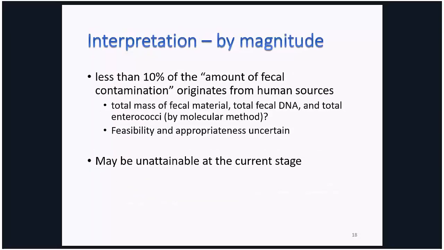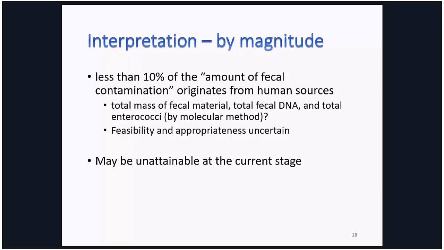So what are the options we have? So first, perhaps we can interpret from a magnitude perspective. Let's say if you have less than 10% of the amount of fecal contamination that came from human, perhaps we can say your site is non-human enough.